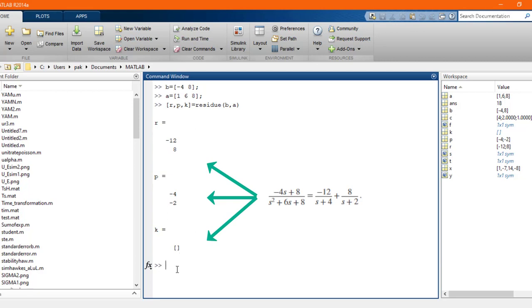Now to get the rational expression back from the partial fractions, to do the opposite thing, we know that r, p and k have already been initialized, and we'll write the command b comma a is equal to residue. So now we want a rational expression at the output, and we are giving r, p and k as input.